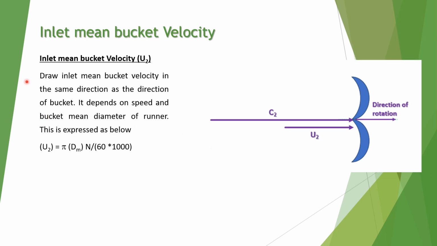Now the inlet mean bucket velocity u2. Draw the inlet mean bucket velocity in the same direction as the direction of the bucket, and it depends on the speed and bucket mean diameter of the runner, which is expressed as u2 is equal to pi dm n upon 60 into 1000 meter per second. So this is u2 and this is c2, in the same direction as the direction of rotation of the bucket.